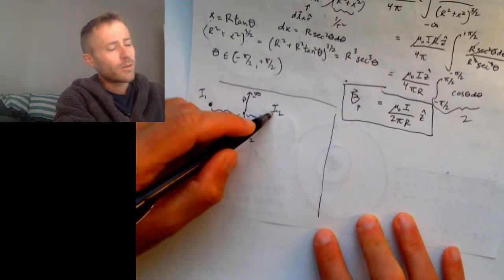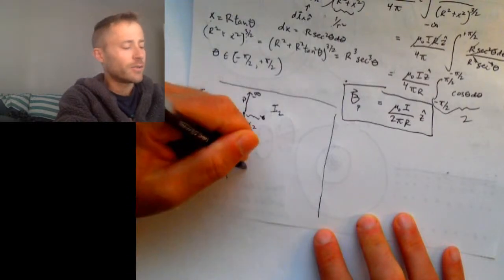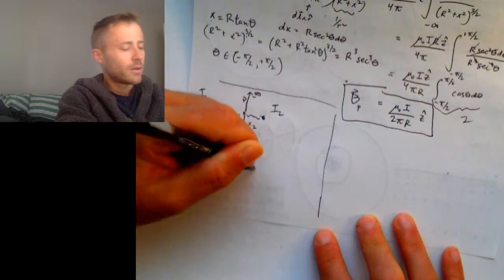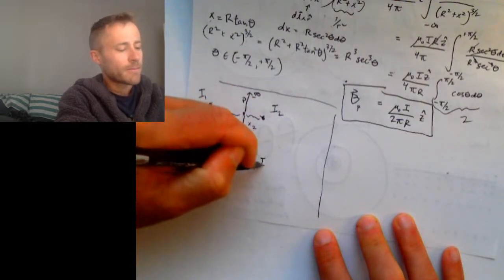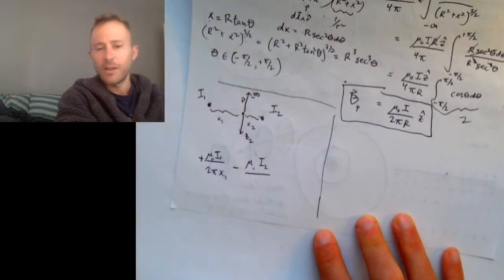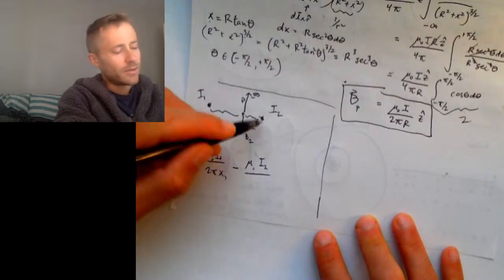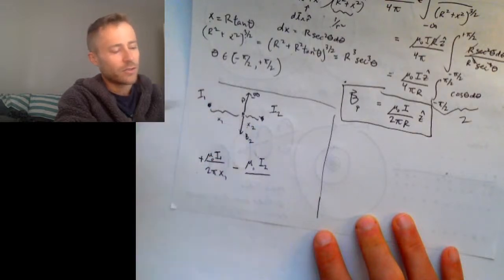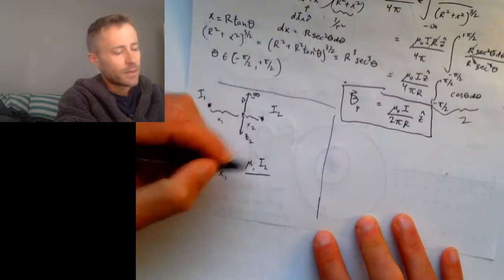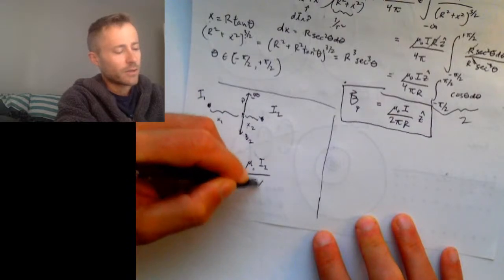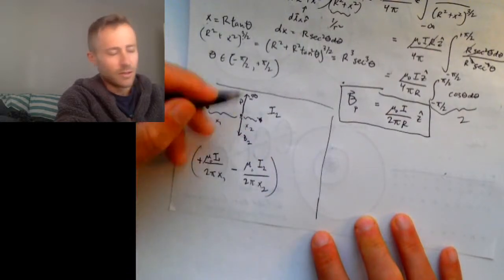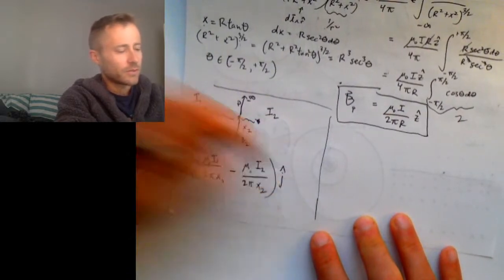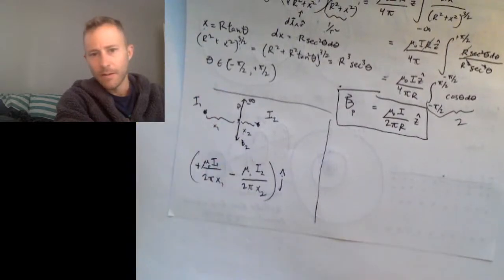The second wire creates a magnetic field that points downward. So I'll put a minus in front of that one. And then the second wire is a distance x2 from the point P. So I have mu naught I2 over 2 pi x2. And then the total result is going to be in the j direction because it's vertical. All right.